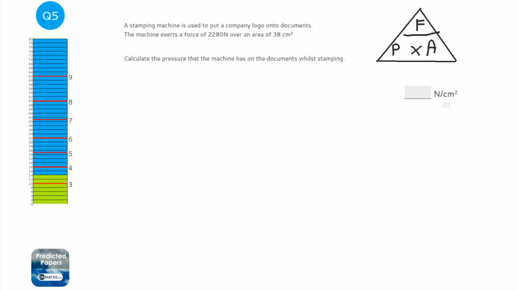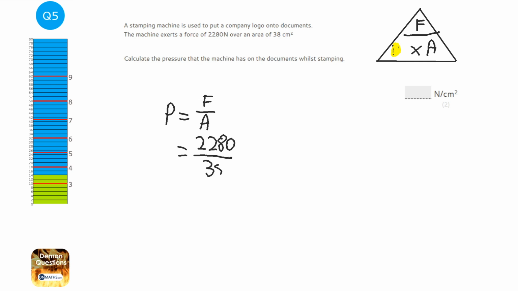So we're asked to find the pressure. So we cover up pressure on the triangle, and it says that it's force divided by area. And it says that the force is 2280 newtons, and the area is 38. So we get our calculator out, 2280 divided by 38, and I get the answer of 60.